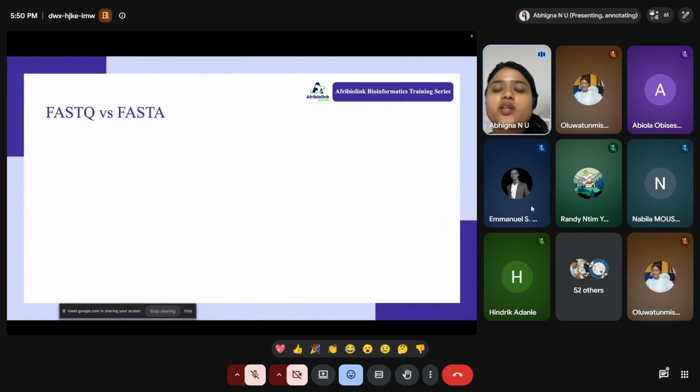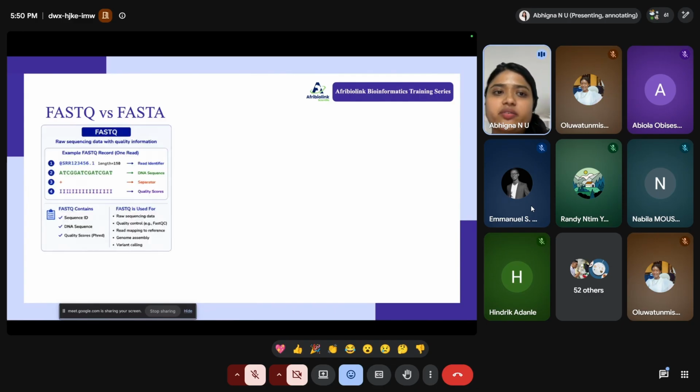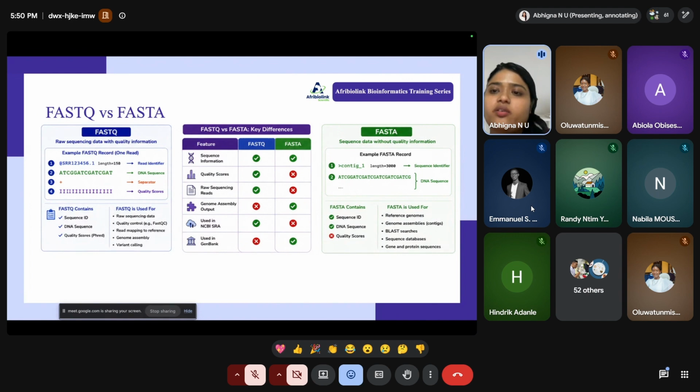So we learn what is FASTQ and FASTA. In the previous training, we have learned what is FASTA, which consists of the accession number and sequence identifier and the sequence. It is only 2 lines, whereas in FASTQ it is 4 lines. Let's look at FASTQ versus FASTA. What are the key differences between FASTQ and FASTA?